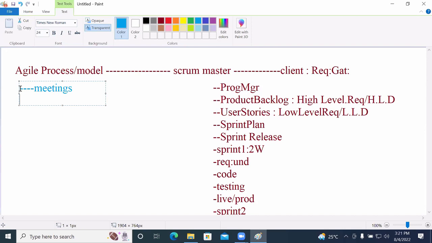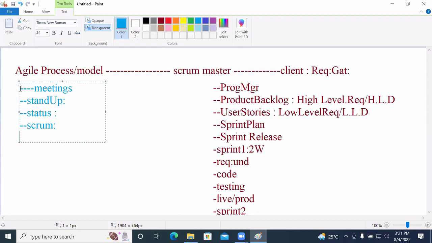In that, you will consider the stand-up meeting, then the status meeting, and then the scrum meeting.